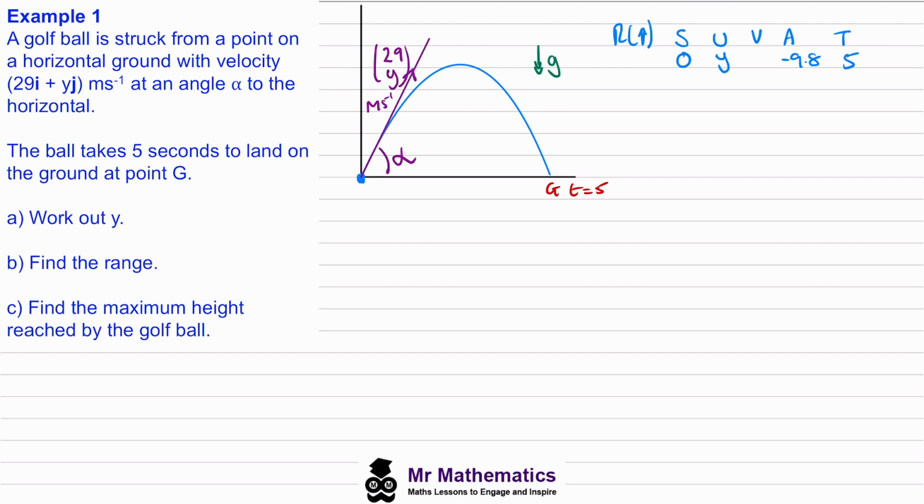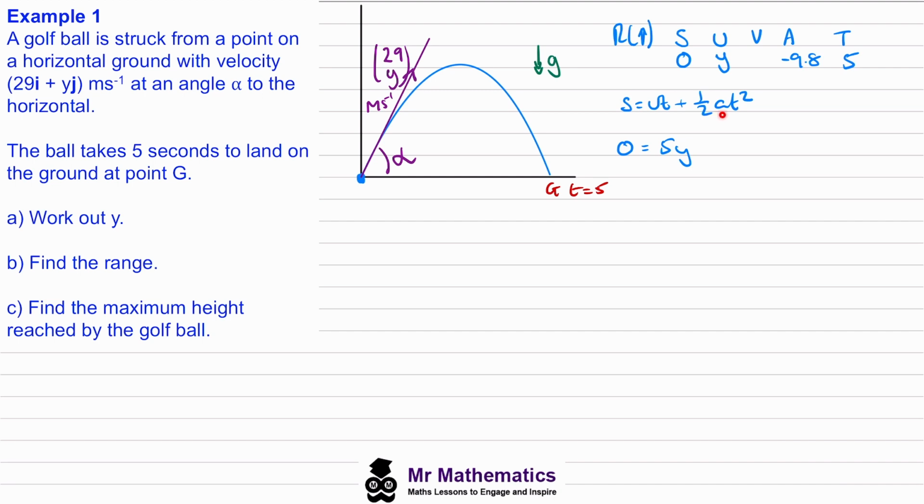Okay, so we can use the formula s equals ut plus a half at squared. We'll substitute in our values: 0 displacement, an initial velocity of y and a time of 5, so we'll call this 5y.